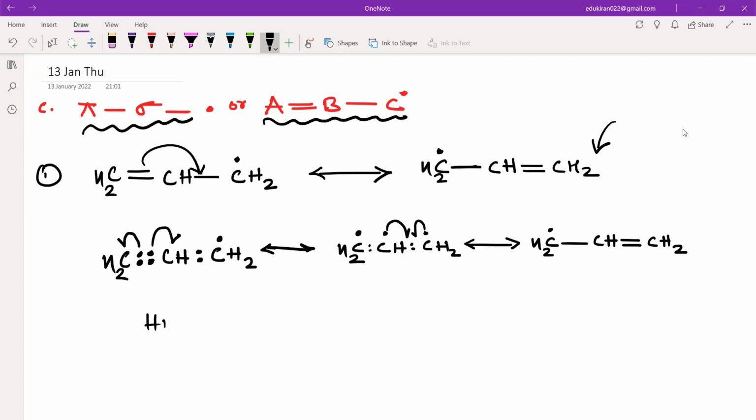Now the resonance hybrid structure, RHS. The resonance hybrid structure will be CH2, CH, CH2, partial double bond character, delta free radical, and delta free radical like this.